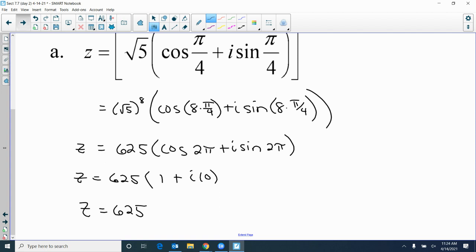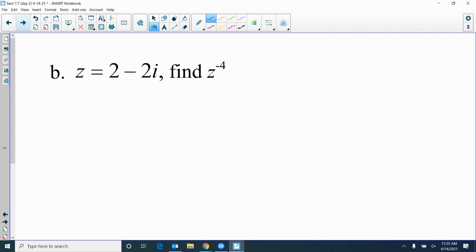Okay, and let's take a look at part B there. All right, z equals 2 minus 2i. Find z to the negative 4th power. You're going to want to convert that to polar form. So take z equals 2 minus 2i, convert that to polar form.